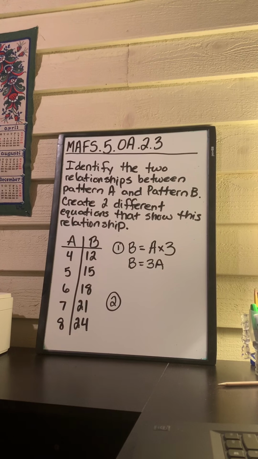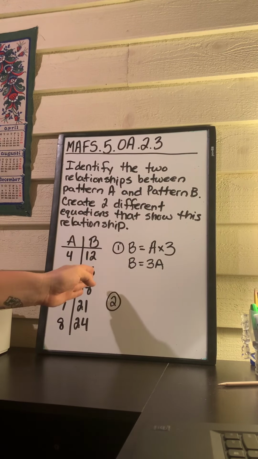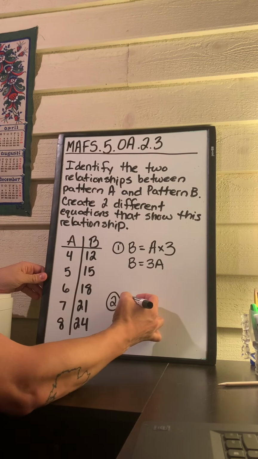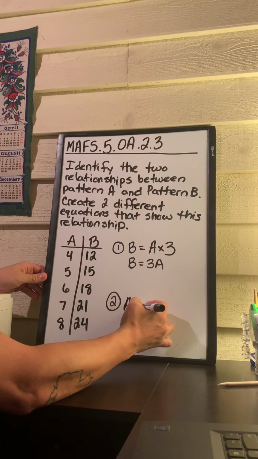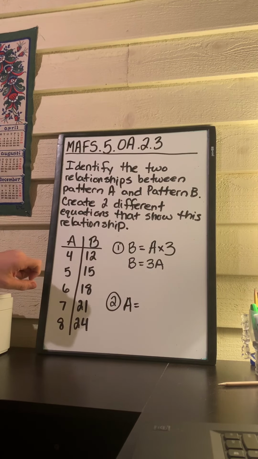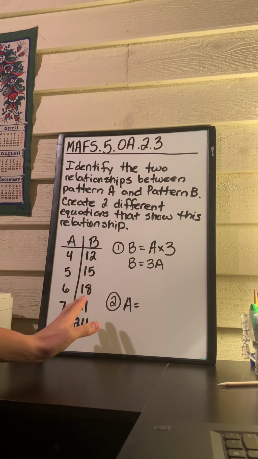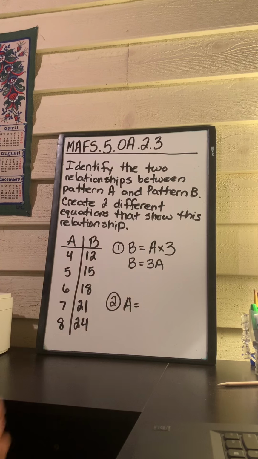Now, another relationship is going from, how did I get from B to get A? And since we're trying to get A, I'm going to write A equals. Now, how did we get A? And it has to work for every single corresponding term. We're doing the inverse now, so it should be the inverse of this. I can take my B and I can divide it by 3.